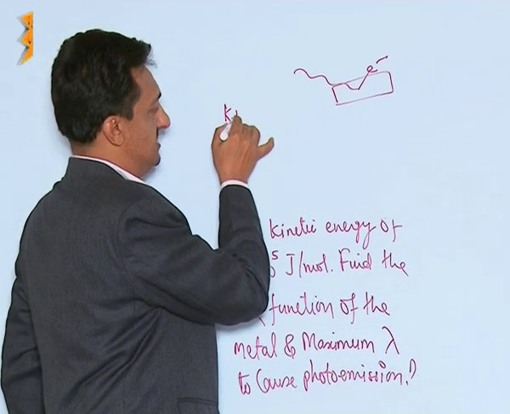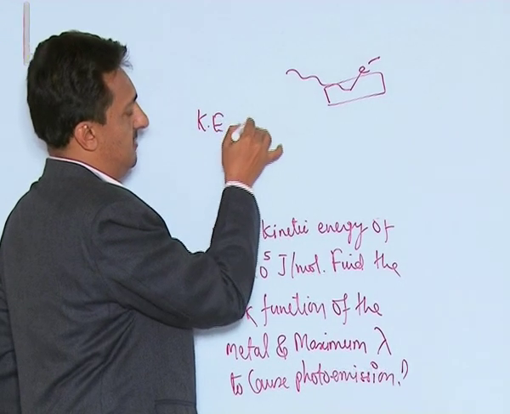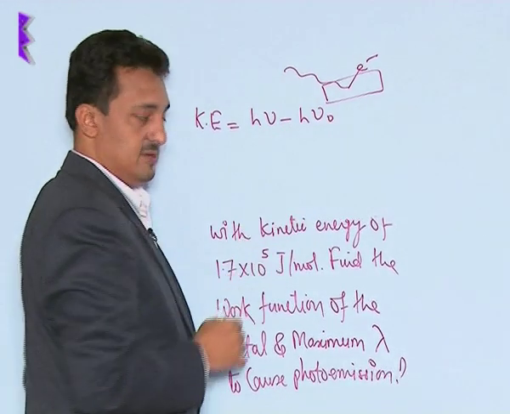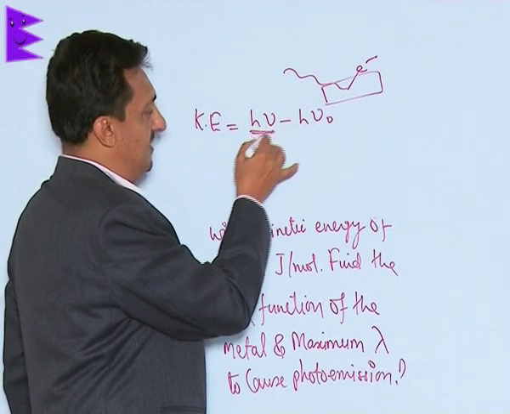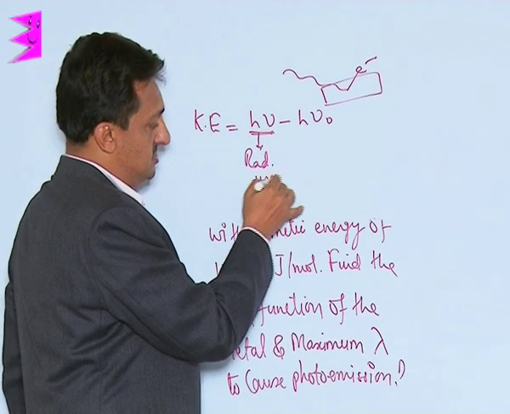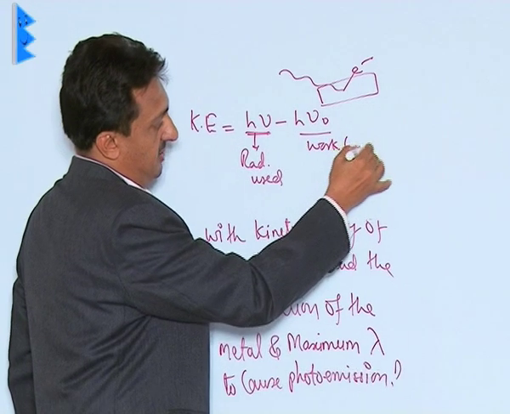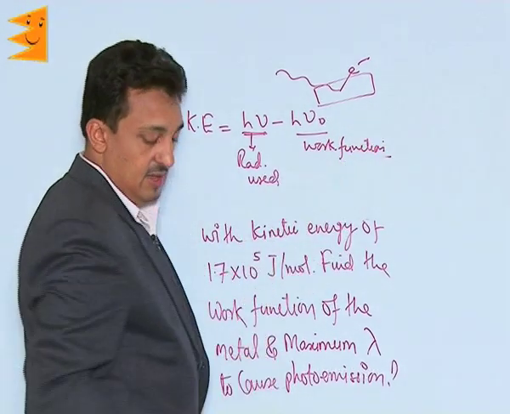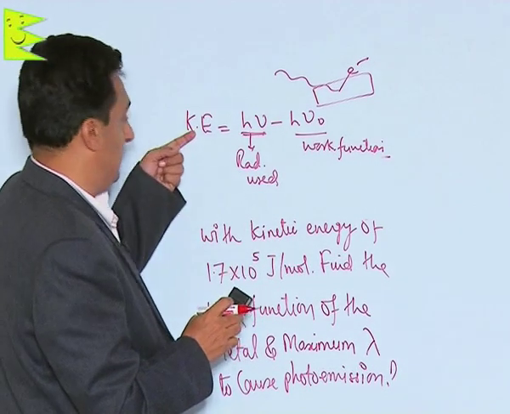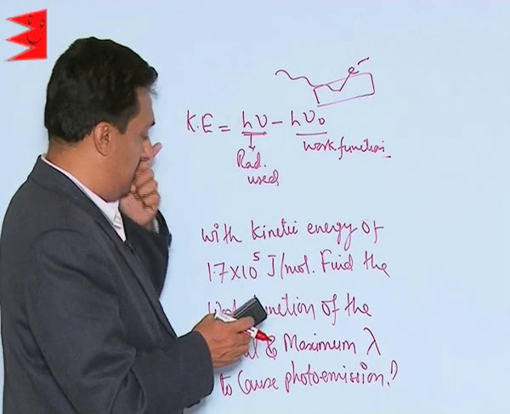The formula is: kinetic energy is always equal to h nu minus h nu naught. h nu is the energy of the radiation used, and h nu naught is your work function. The kinetic energy of the electron is already given, 1.7 into 10 to the power 5.